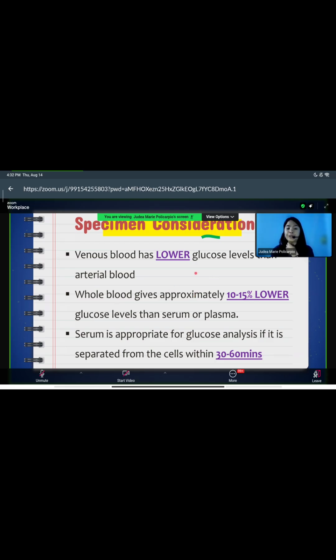Nung tinanong kasi ito ng board exam, dalawa yung 10 to 15% sa choices. Isang lower, isang higher. So ingat, whole blood mas mababa ng 10 to 15% compared to that of the serum or plasma.